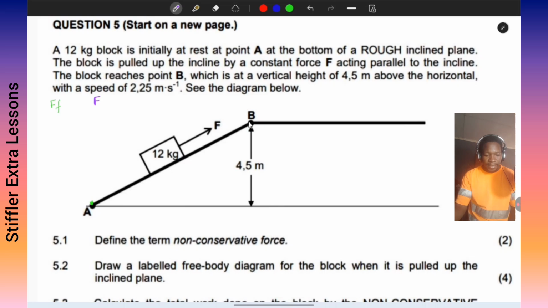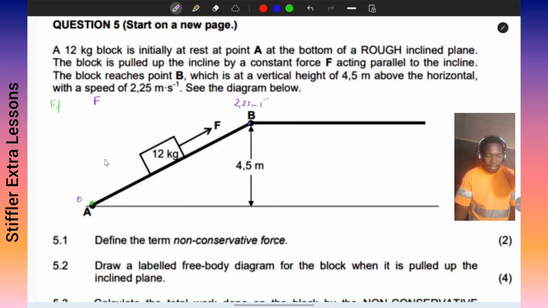So the height here is 4.5 meters. The work is done to move from A to B with a speed of 2.25 meters per second. So the speed now is 2.25 meters per second, but initially it was 0, as seen in the diagram below.